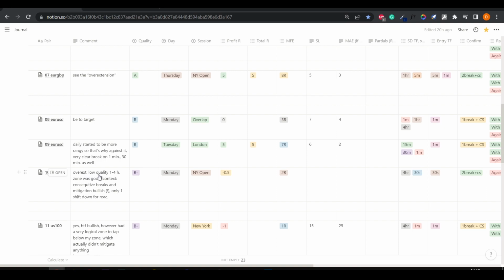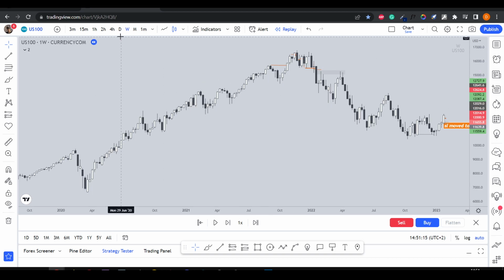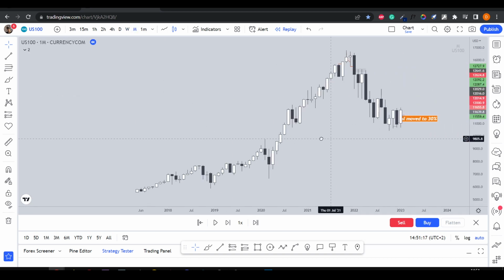So you see, low quality, the 4 hour zone was good, but the context was against the zone. So we had consecutive breaks to the bullish side and only one shift on the downside for a possible reaccumulation. So let me show. This is how it all looks on monthly.